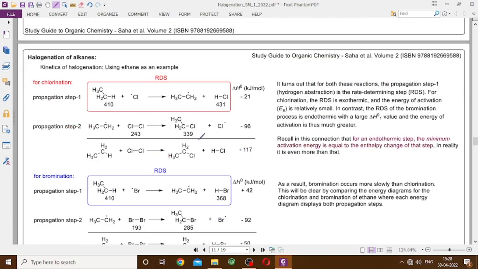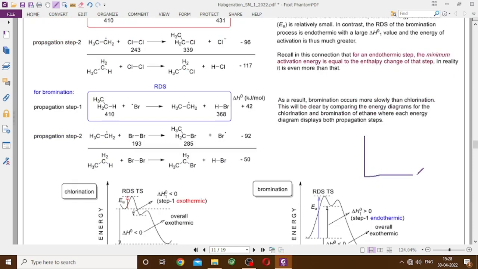And if you think of an endothermic reaction, then you can have basically this type of diagram. That's an endothermic reaction, right? That's your measure of endothermicity. That's your delta H0. That's positive, and this is your activation energy. So the minimum activation energy has to be at least this amount of energy.